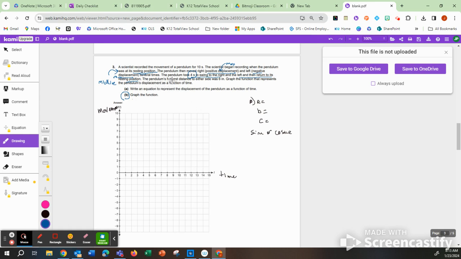It says the pendulum's furthest distance to each side is 6 inches. That's what I was looking for here. This is not movement. This is inches. So this would be its maximum swing as far as its height, and that would be in inches. So that's really important.